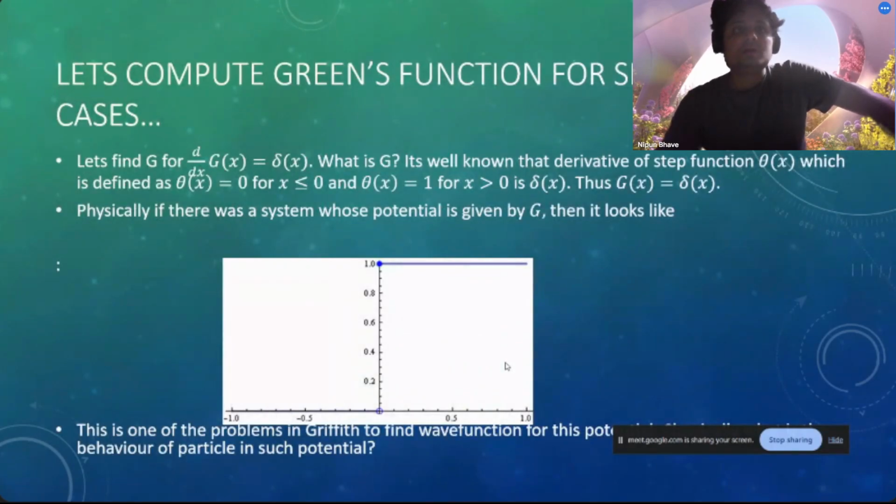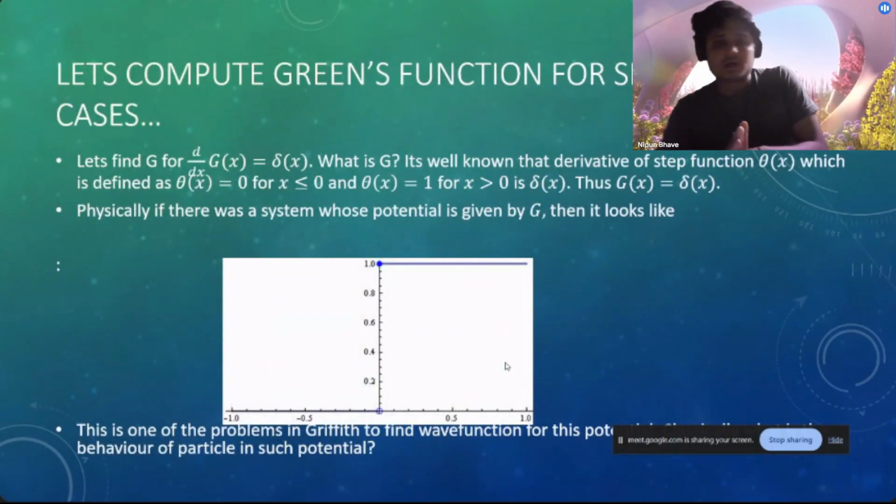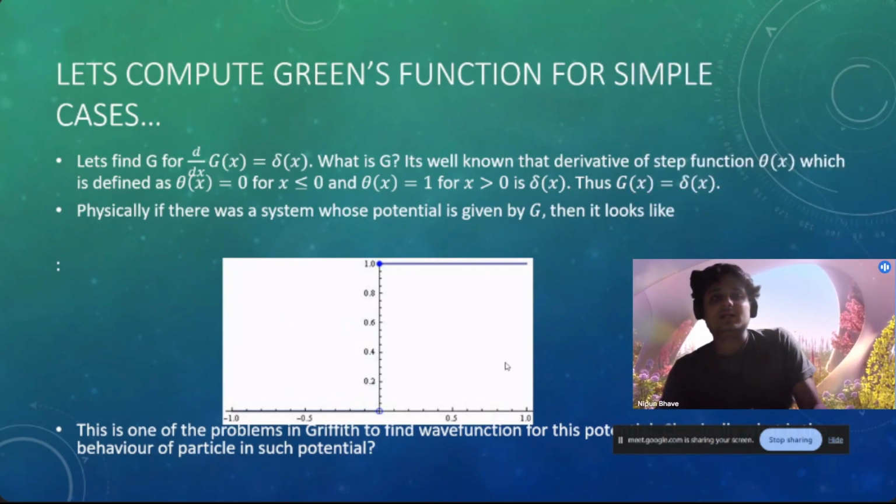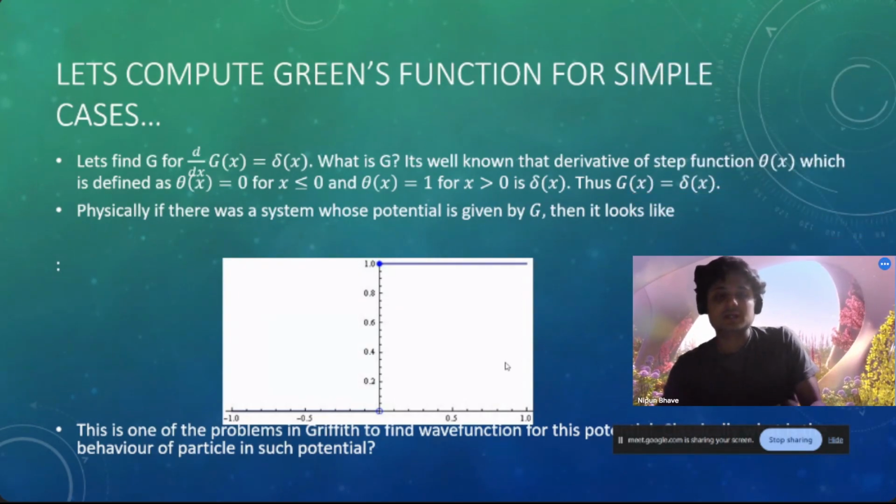So let's start with very simple cases. I am not going into very mathematical details of Green's function, because the way it's introduced in textbooks is very boring, with a lot of boundary conditions, initial values, and all these things. But it's not necessary for the purpose of this talk.